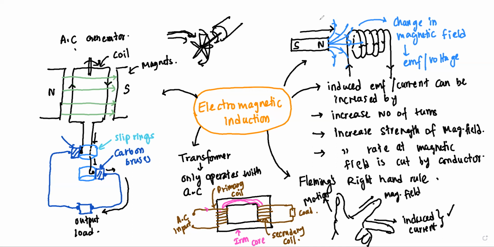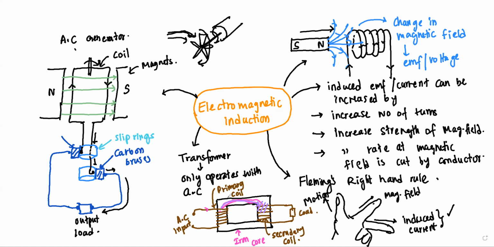What the iron core does is bring magnetic field lines from the primary coil to the secondary coil, channeling them from primary to secondary. So a magnetic field movement occurs, and the secondary coil cuts this magnetic field and generates an EMF. So whether you supply a large voltage or small voltage, we get another voltage from the secondary coil.